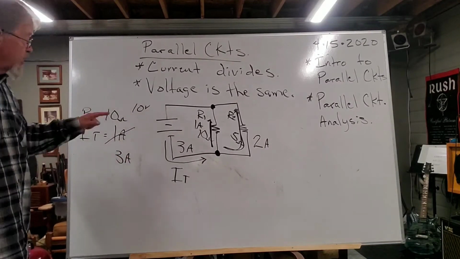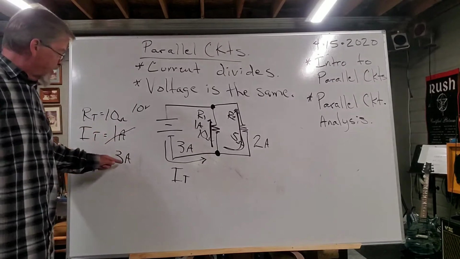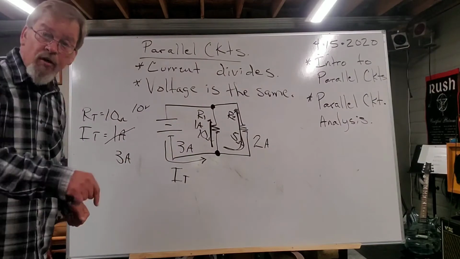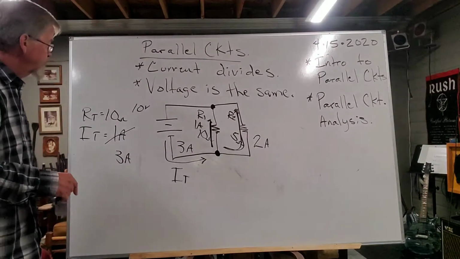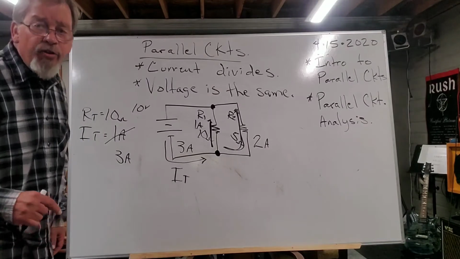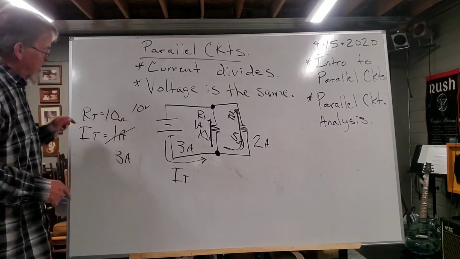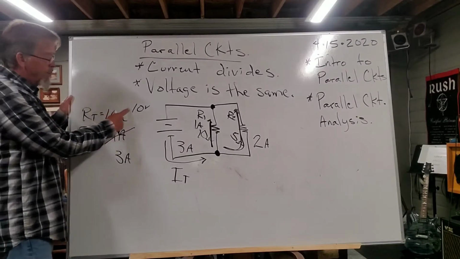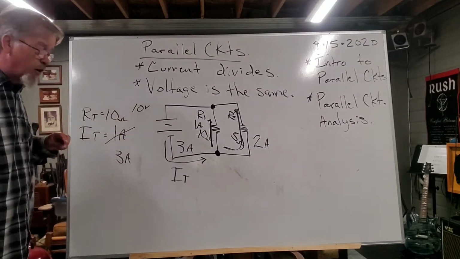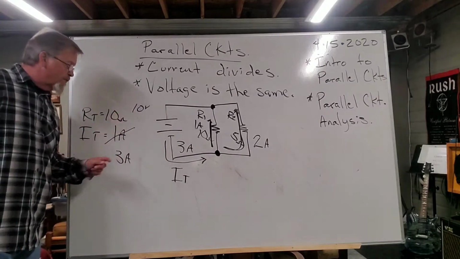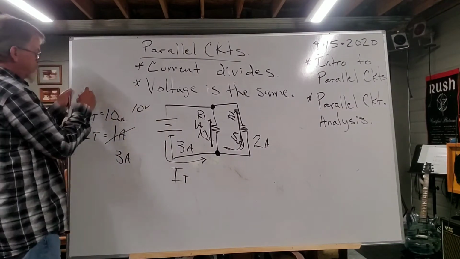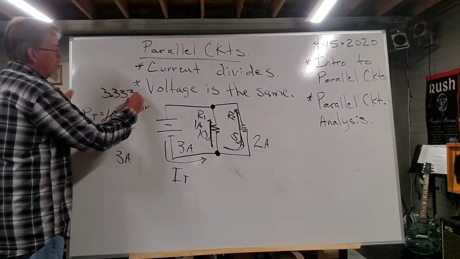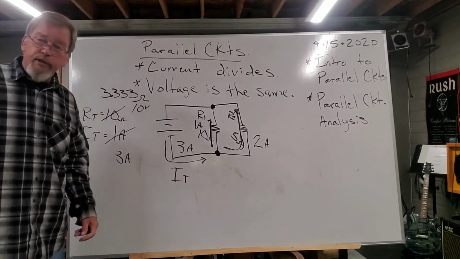So what does that mean as far as my resistance goes? If my current went up and my voltage stayed the same, my resistance had to go down. It had to have gone down. Well, let's see what it went down to. All right, so I'm going to find my new total resistance by taking my voltage and dividing it by my new current flow. 10 volts divided by 3 amps gives me 3.333 ohms of total resistance.